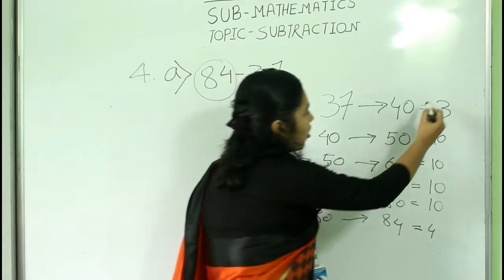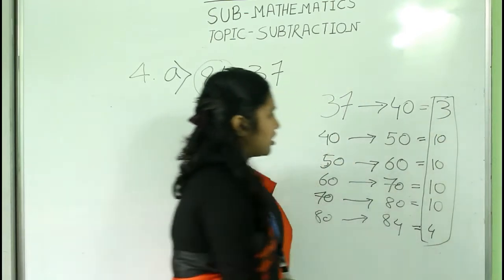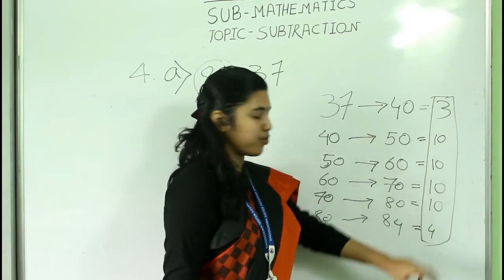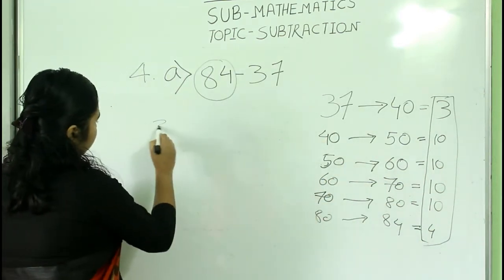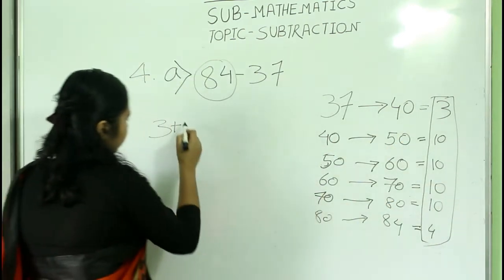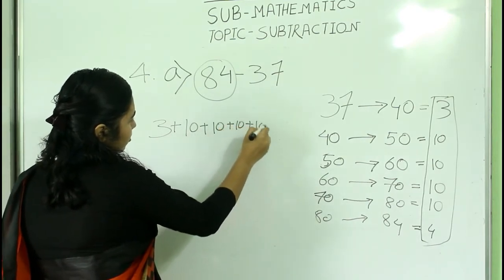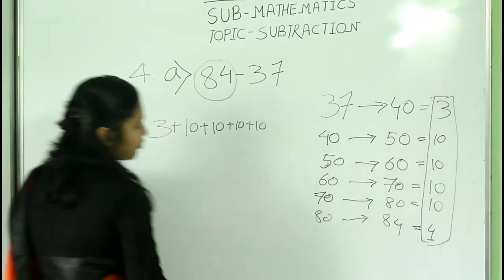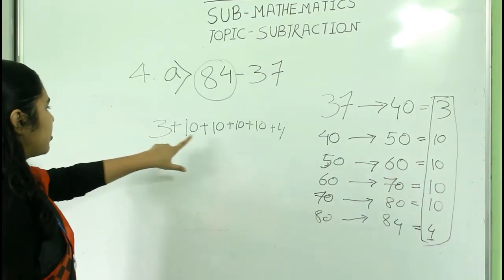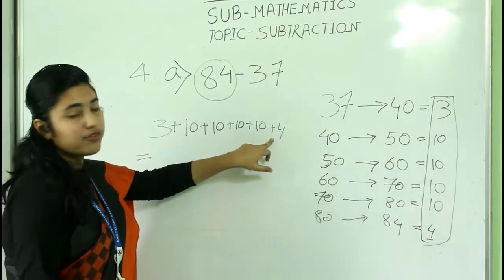Now add all these differences, which is 3, 10, 10, 10, 10 and 4. Now add this first 3 with these 4 tens: 1, 2, 3, 4, and the last one 4. Add this 4. So our result is 40, 43 and 43.